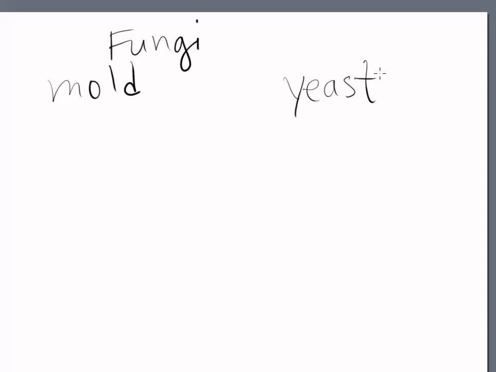I want you to focus on the shapes of them, the general morphologies of the organisms. I want you to focus on any specific life cycle things we talk about. And I want you to focus on the way that the group is classified. And so I want to do that right now for the fungi and the animals that we'll talk about and the protists. So you have that kind of right there in front of you.